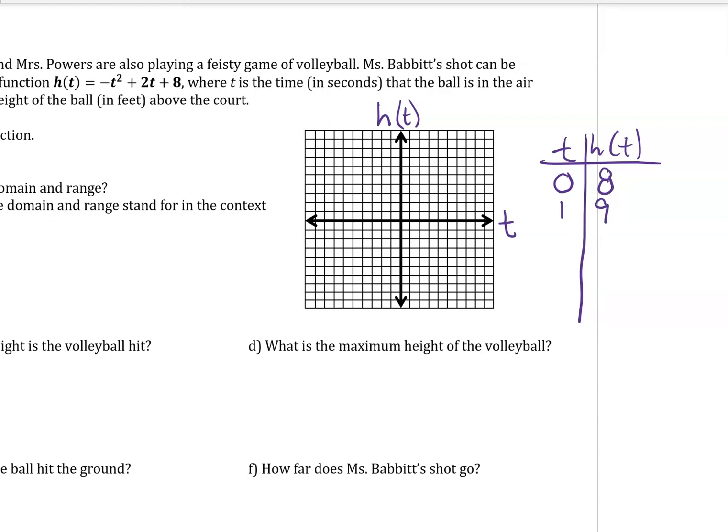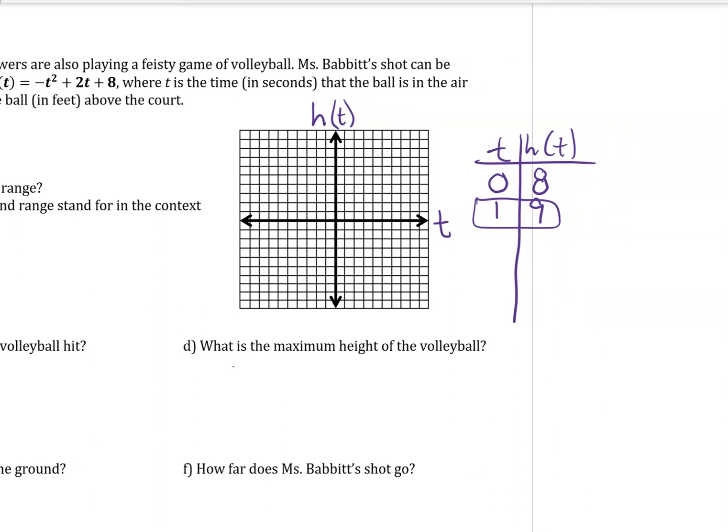By the way, this is also our vertex, maximum height, which we can find by using the vertex formula. The x value of our vertex, or in this case the t value, is -b divided by 2a, which means it is -2 divided by 2 times -1. b is 2, a is -1.